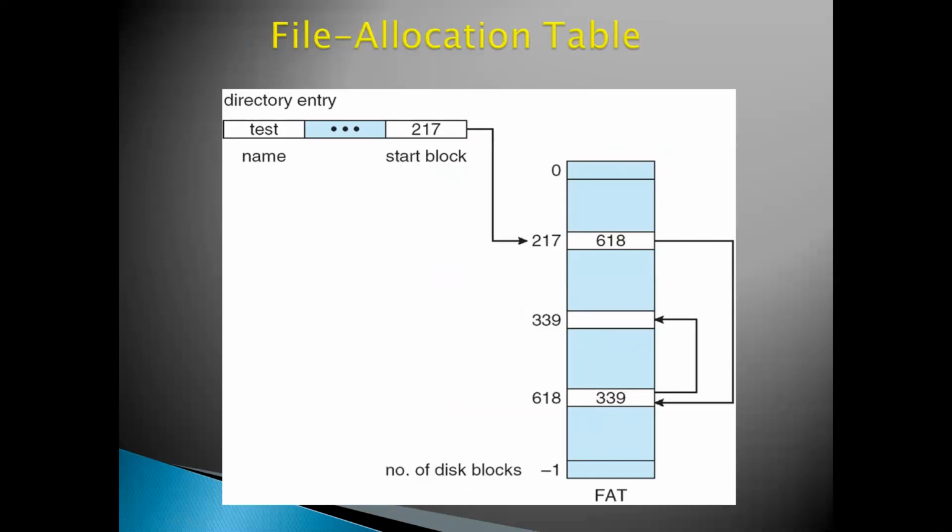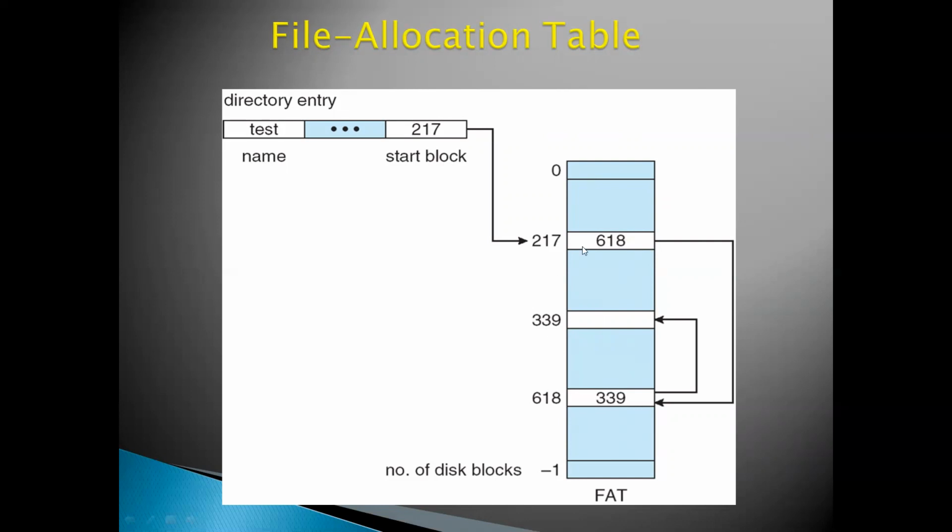One implementation of this linked allocation is in the file allocation table. We know that the file allocation table, FAT, is a type of file system followed in older versions of Windows operating systems. This file allocation table makes use of a variation of linked allocation. In this table, there is one entry for each disk block.